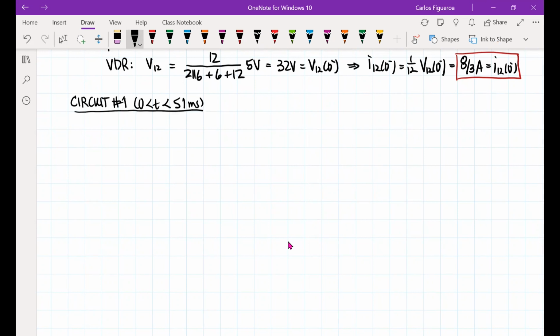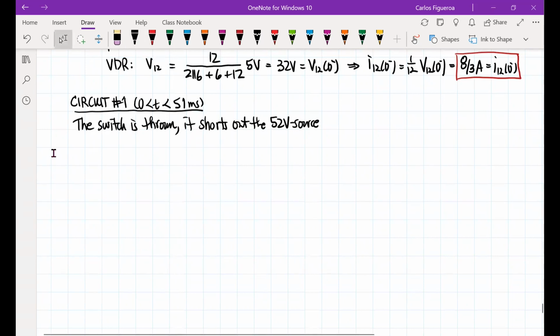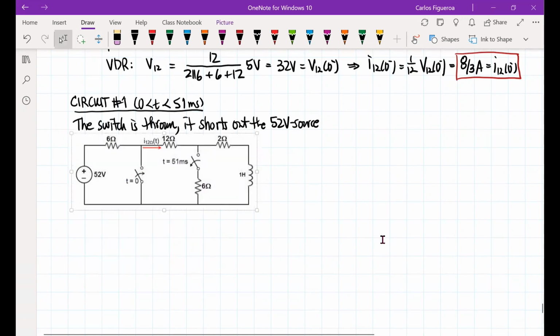When the switch is thrown, it shorts out the 52 volt source. So when I look at this, I think I still have that circuit. Let's paste that in. You can see that this is going to short it out right here, so that kills that, and that kills that. So then my circuit really looks like this now.